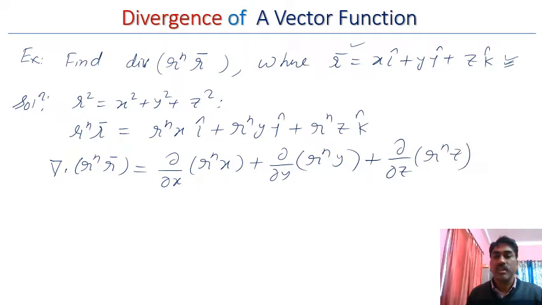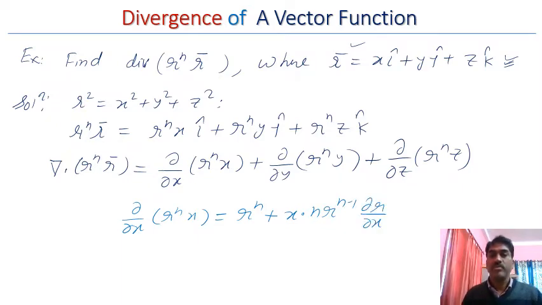So let us start finding them one by one. What is del by del x of r^n x? First you differentiate x, so you get r^n. Then if you keep x and differentiate r^n, you get n r^(n-1) del r by del x. We have used this in the previous lecture and in previous questions, two questions earlier. So this is x by r.